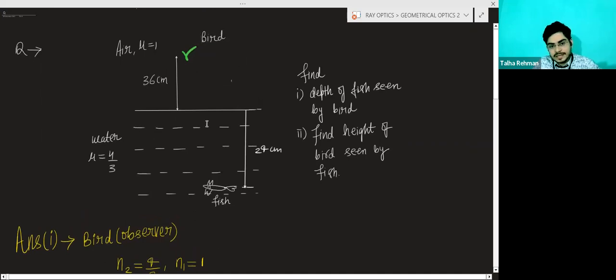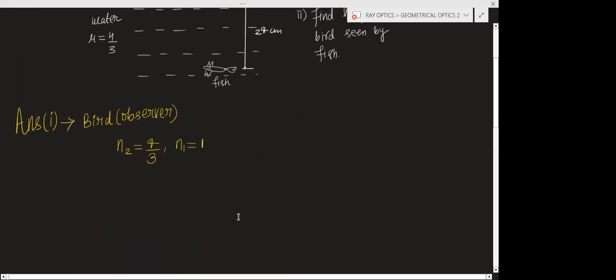Now we want to find the apparent depth of the fish, because this bird will see the fish and here is the water. So there will be some refraction, and due to that refraction, this fish will not appear at its original position. It will appear at somewhere else position.